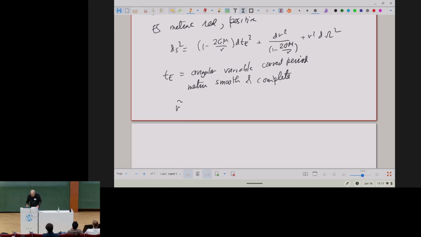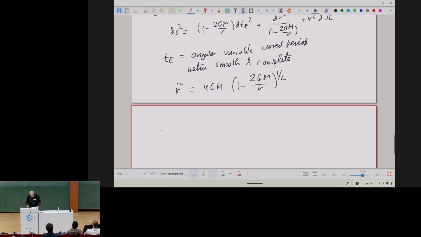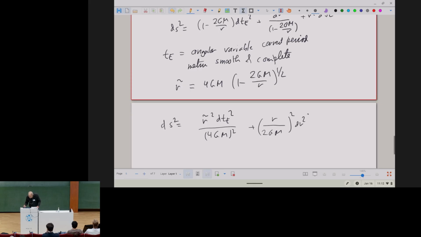So as a first step, we define a useful coordinate near r equals 2GM, which is this one. And then we find this form for the metric.